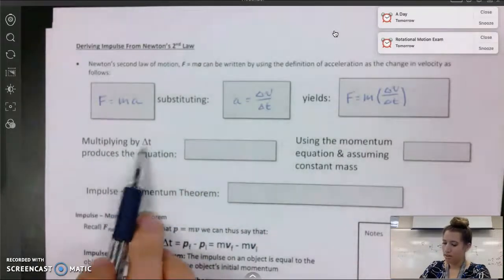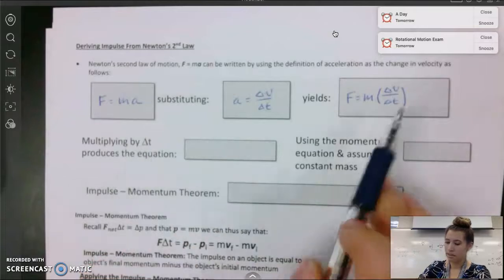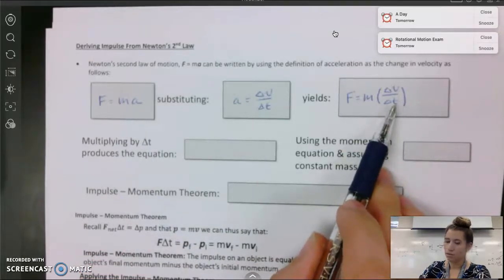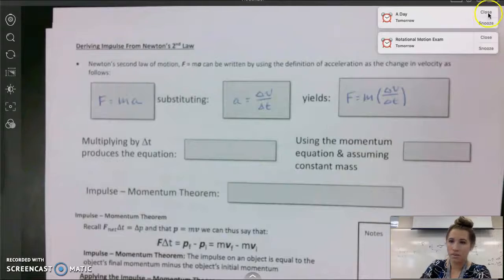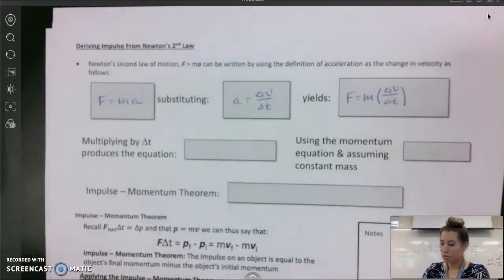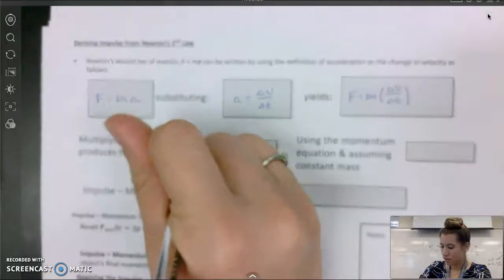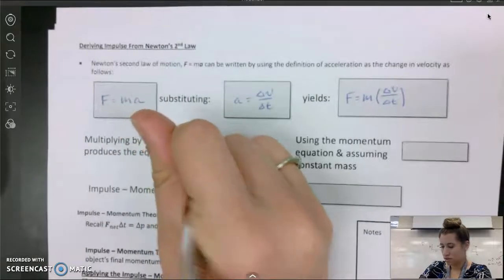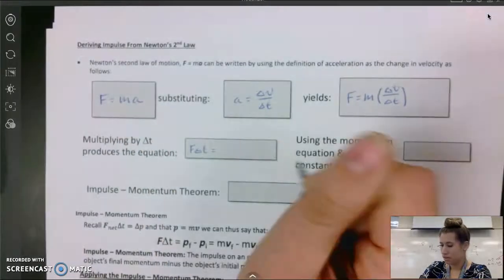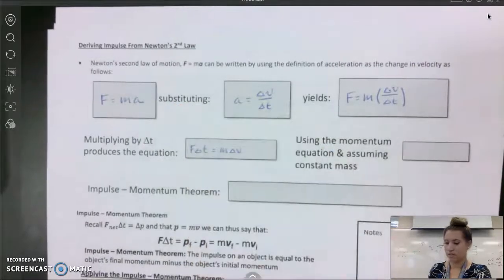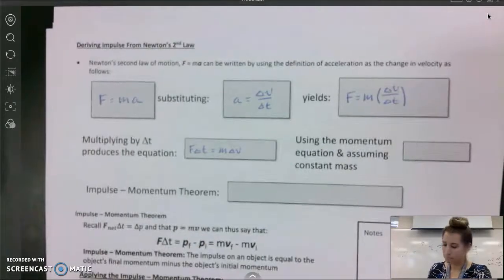Okay. Now let's multiply by delta t because it's in our denominator here, and we're wanting to get everything in the numerator. So multiply both sides by delta t. So we would get force times delta t is equal to mass times delta v, or velocity.